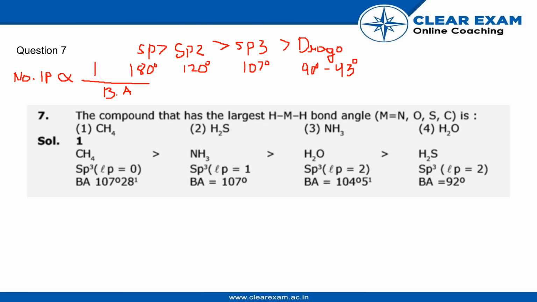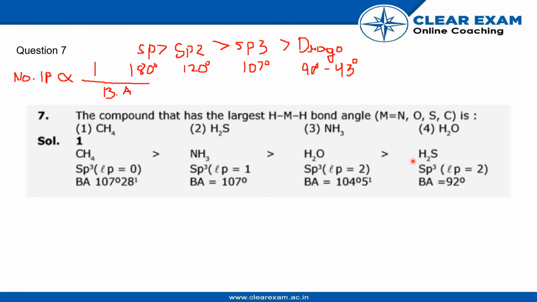So now let's check here. The hybridization of CH4 is sp3 and lone pairs are 0, so it will have the largest angle of all of them, as it has 0 lone pairs. And NH3 has 1 lone pair, so it will be a little smaller than CH4. H2O and H2S both have sp3 hybridization and both have 2 lone pairs.